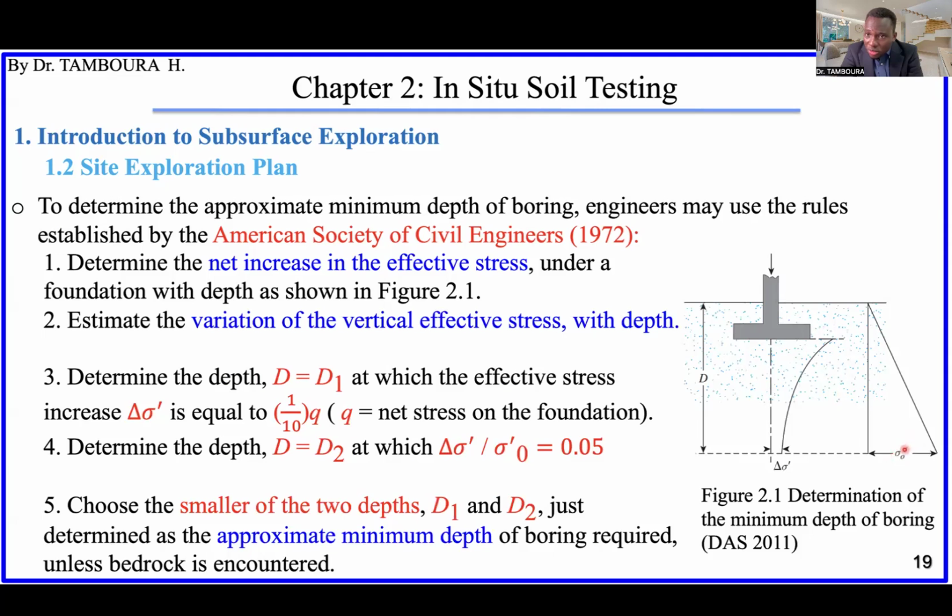Sigma zero prime is what you always know, I think from soil mechanics one. It is just unit weight multiplied by the depth d, but this one is the force divided by the area of footing. Anyway, it is just the stress caused by the foundation.